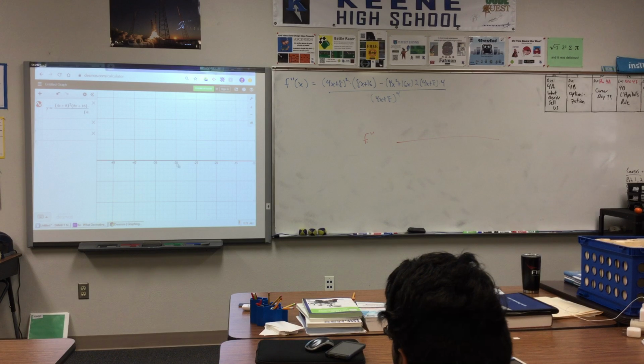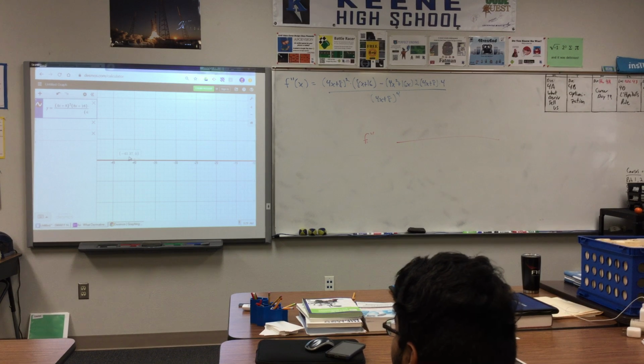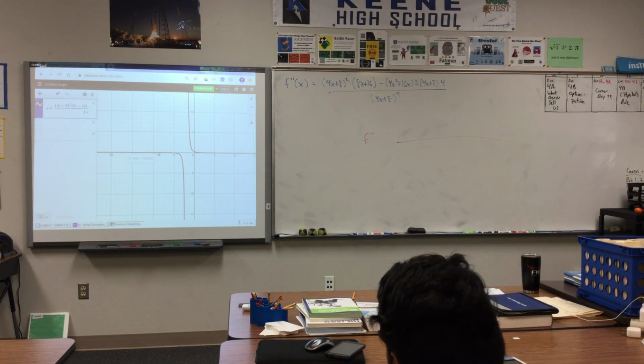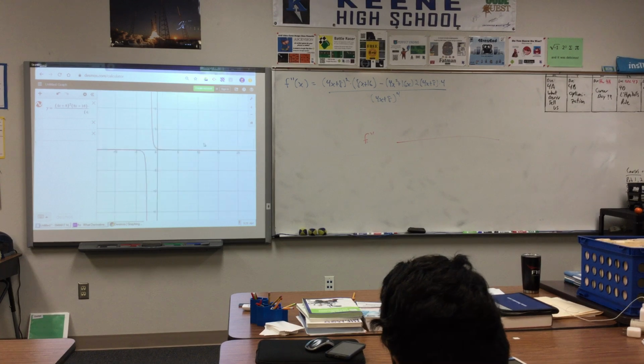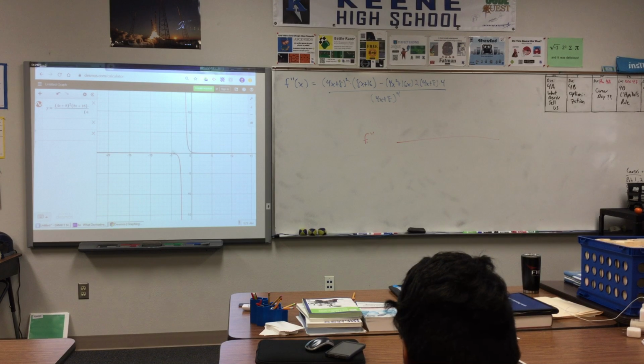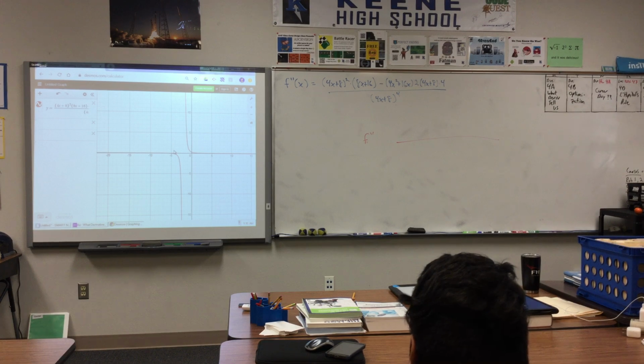Is it ever crossing the x-axis? Looks like it's even. That just means it's so close to 0 that you can't even tell. So I'm looking at the second derivative, at places where the second derivative is 0 and places where the second derivative doesn't exist.